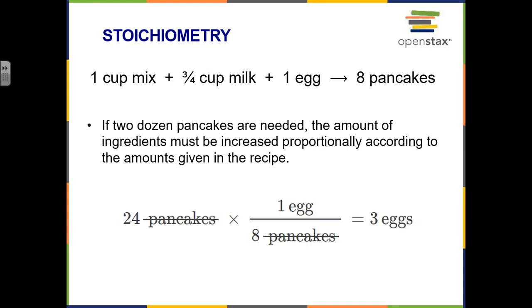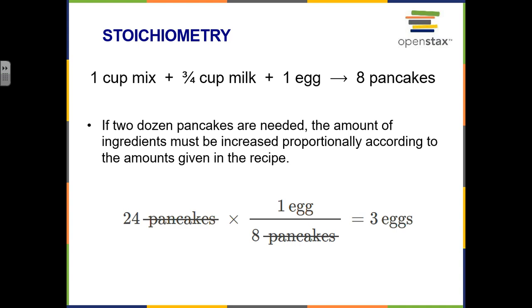But if the desired amount of pancakes changes, then you're going to have to adjust your recipe accordingly. If it increases in one value, it increases proportionally in the other value. If it decreases, it also decreases proportionally.